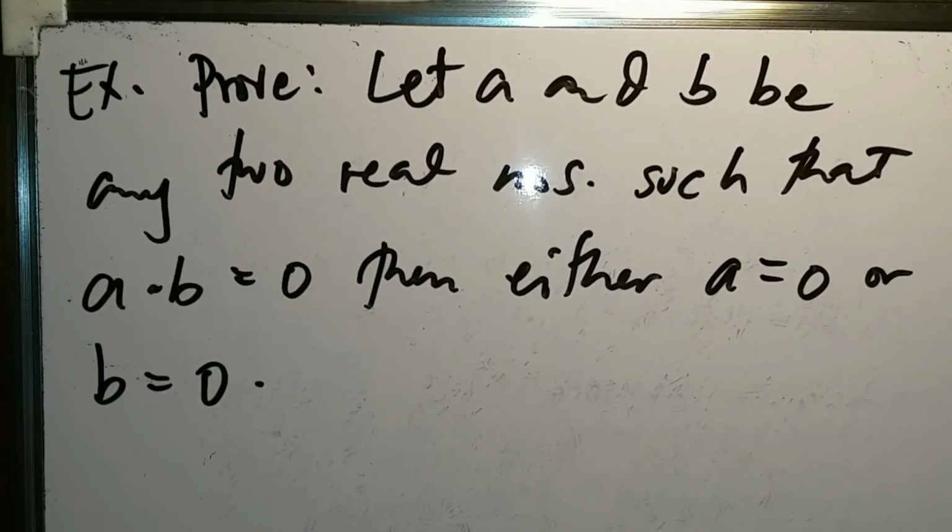So for example, let us prove, let A and B be any two real numbers such that A times B equals 0, then either A equals 0 or B equals 0.